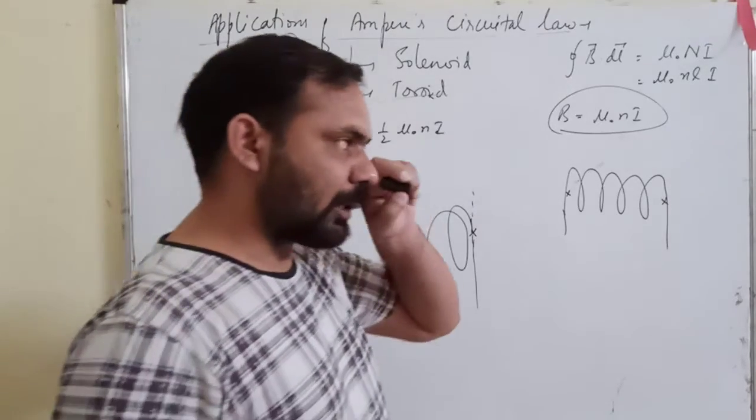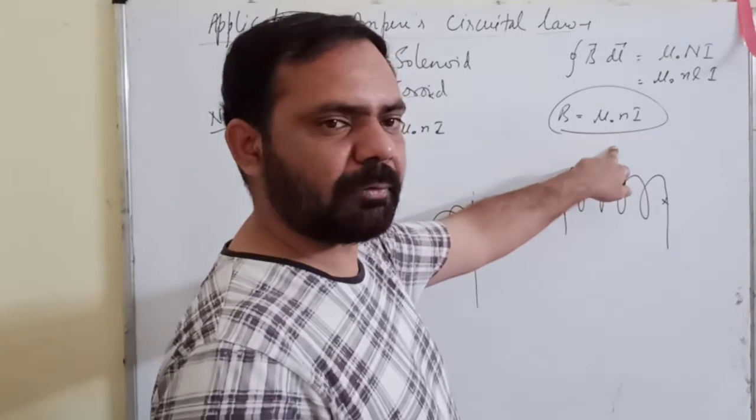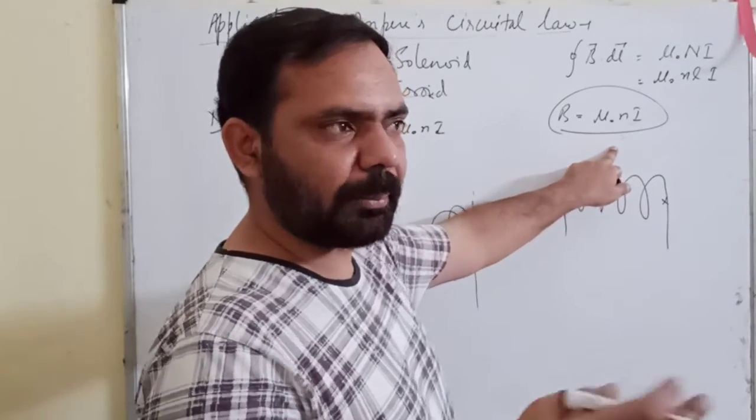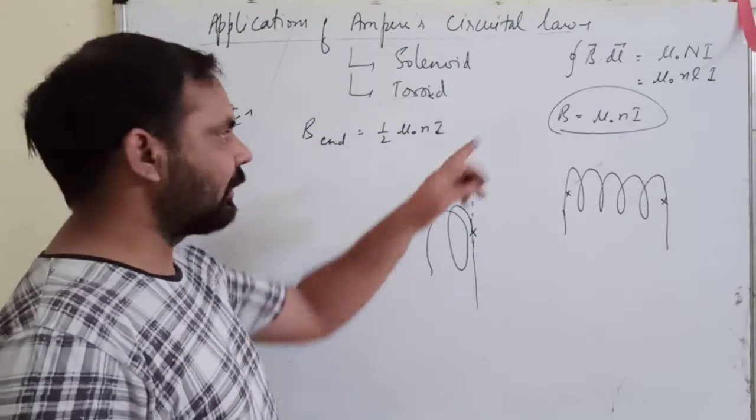Again repeating, the magnetic field is this much for the points which are well inside the solenoid, but for the points at the end, the magnetic field is half of this value.